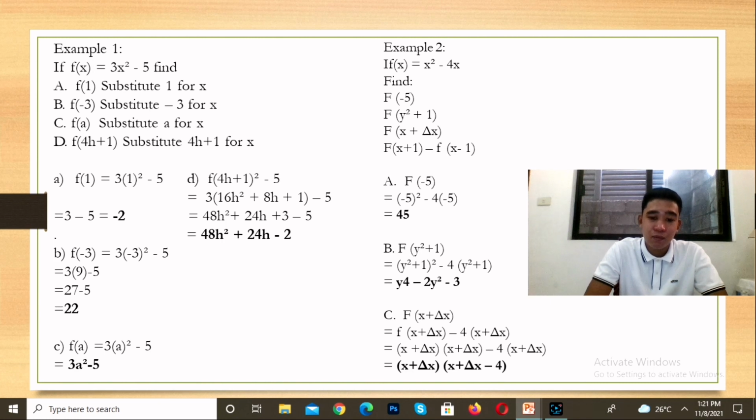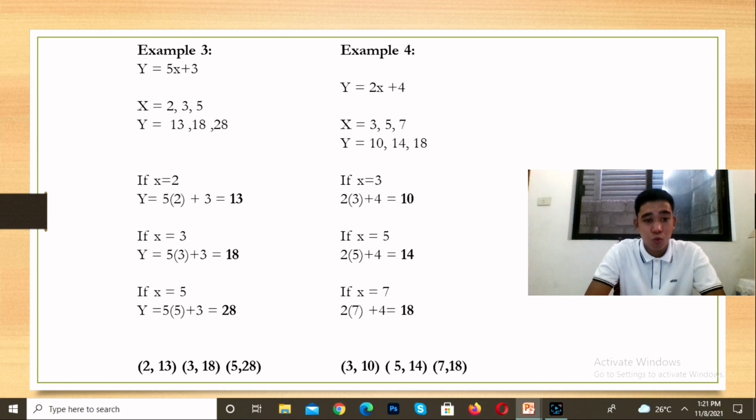F of x plus delta x: x plus delta x squared minus 4 times x plus delta x. So the final answer will be x plus delta x squared minus 4 times the quantity x plus delta x.